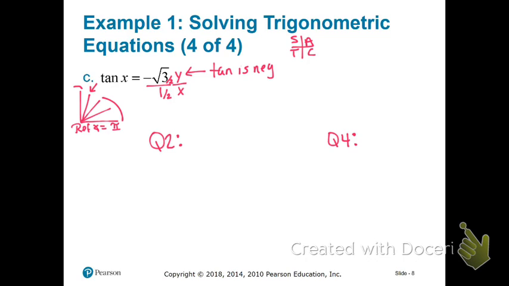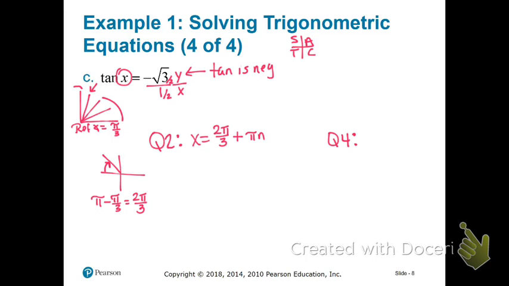I'm jumping ahead there. So in quadrant 2, we're going to be pi over 3 before pi. So subtract it. And guess what we get? Yeah, that 2 pi over 3. So our angle, which I need to check, is x. It's equal to 2 pi over 3. We're not restricted, so plus, what's the period for tangent? Pi n, correct?